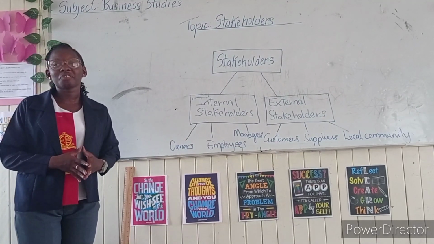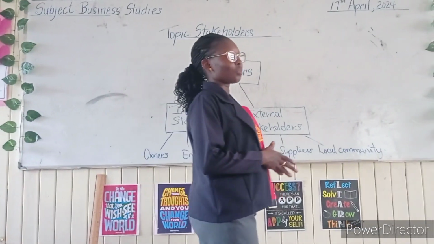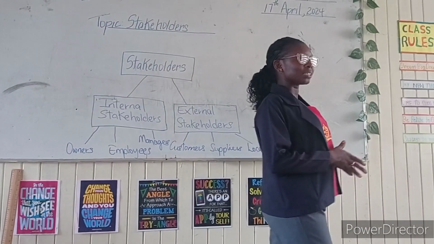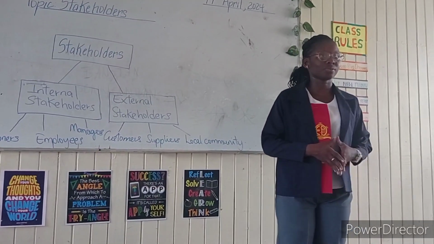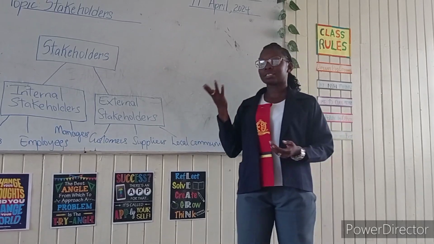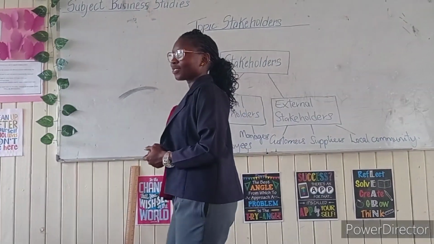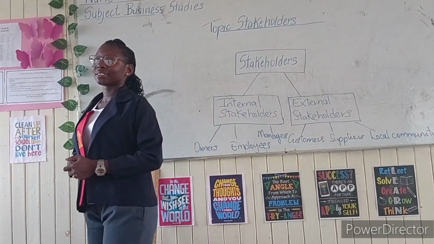Okay, now that you're finished watching the video, who would like to share with us what they learned from the video? What stood out to you? Yes, Sean. Oh, there are two types. That's correct. There are two types of stakeholders. You got that from the video. What else?